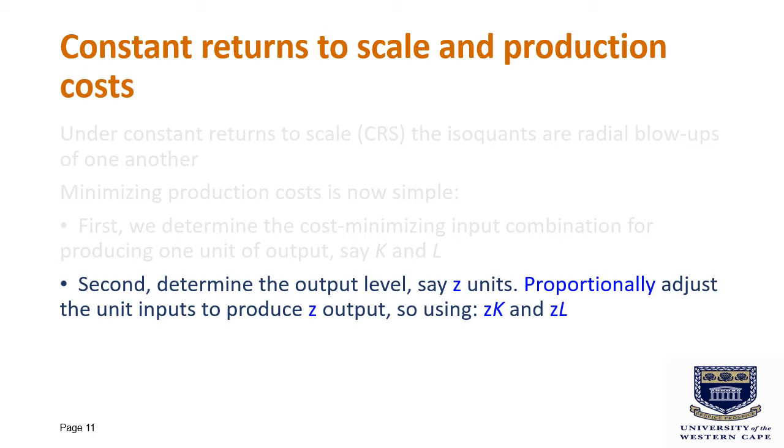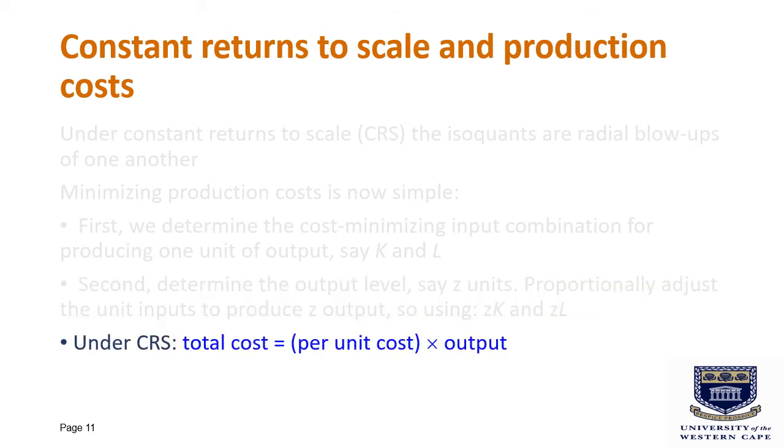Hence the word radial blowups, just inflating stuff upwards and downwards in the same proportion. And then when you try to work out your total cost, all you need to do is say, okay, what is per unit cost? I just need to times that by our output. Nothing too special.